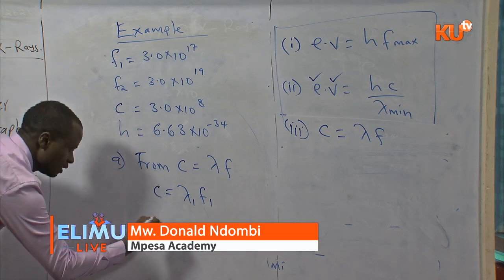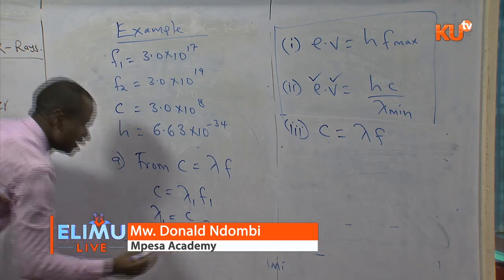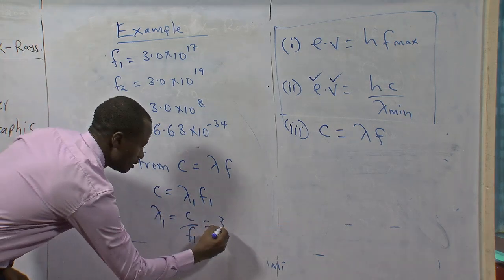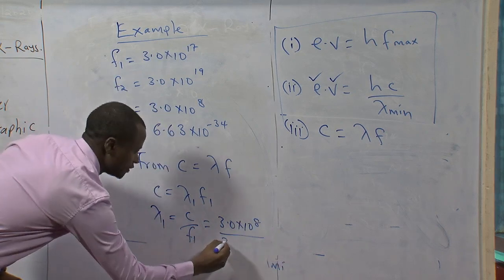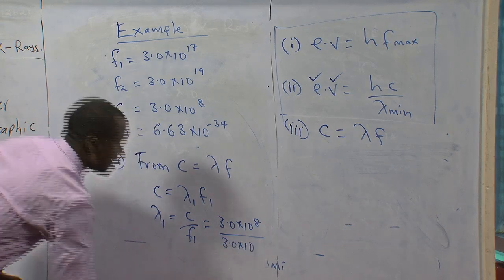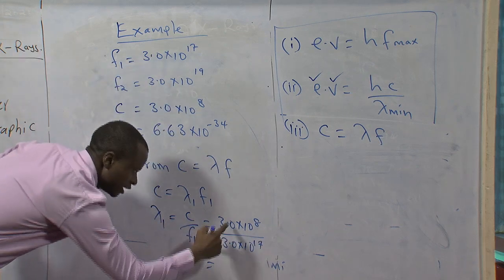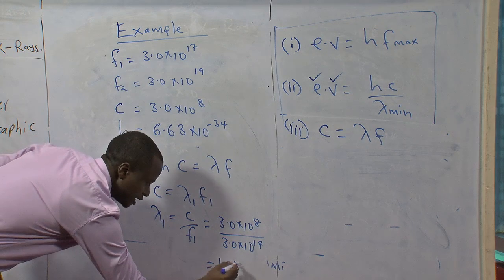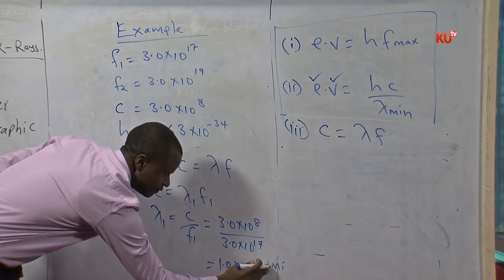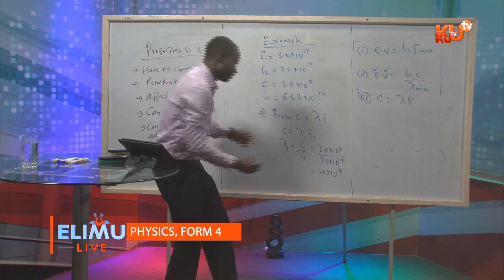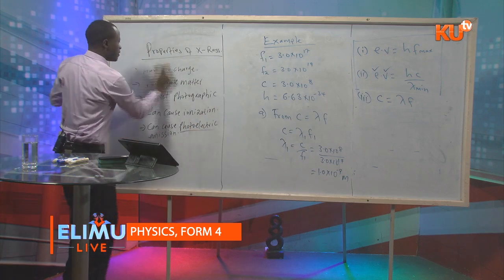Therefore, lambda 1 is C over F1, which is 3.0 times 10 power 8 over 3.0 times 10 power, what was our F1? Power 17. Now this one will give us 1 automatically. 1.0 times 10 power 8 minus 17 is negative 9. This is lambda, so that is meters. That is our F1.